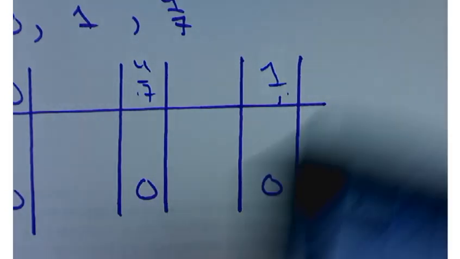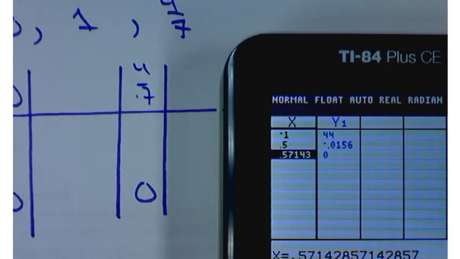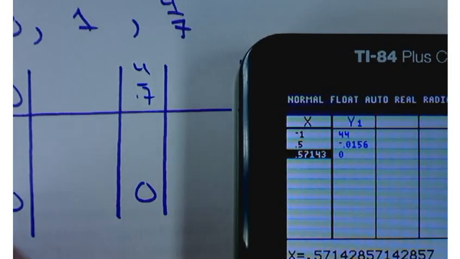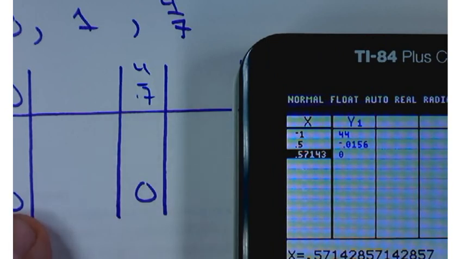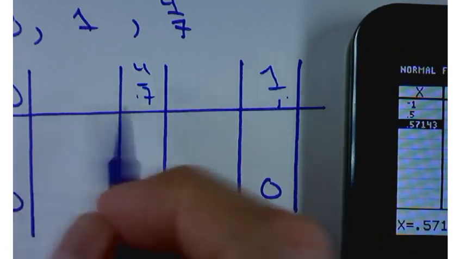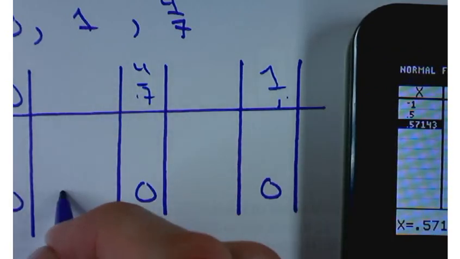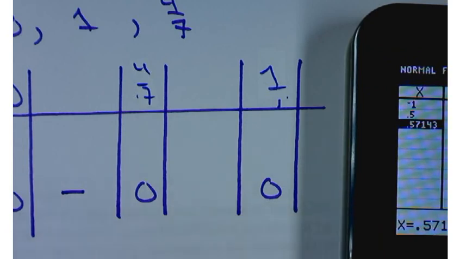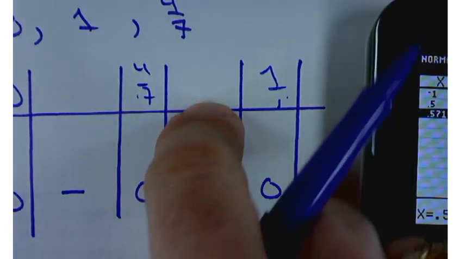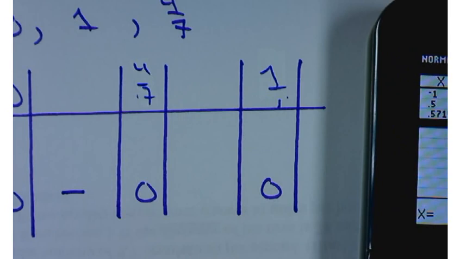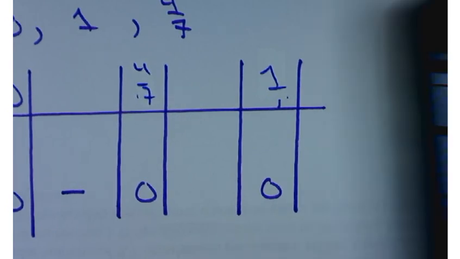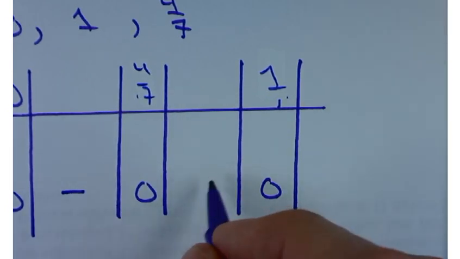So I've got -1. The function's positive here. And then at 0.5, 0.5 is between these two because this is 0.57. So 0.5, we're good there. The function is negative. And then let's do, say, 0.75. Derivative is positive.